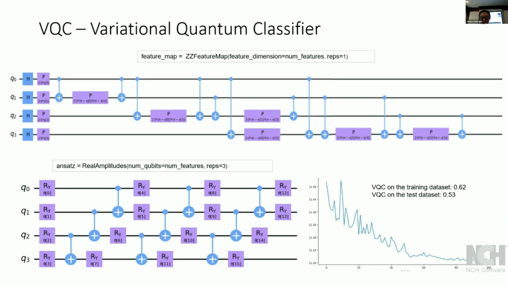So you can see here, you did get it to converge. The VQC gives you 60% on the training, and on the test set it would be 50%. Not pretty good compared with the classical 90%, but still fine.